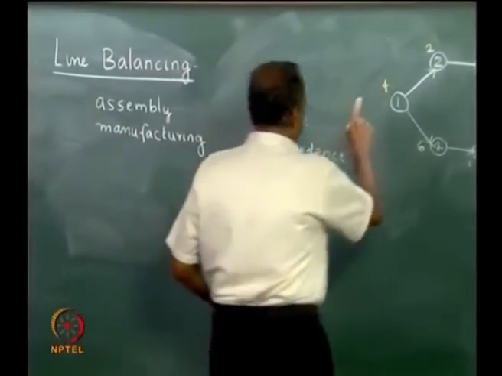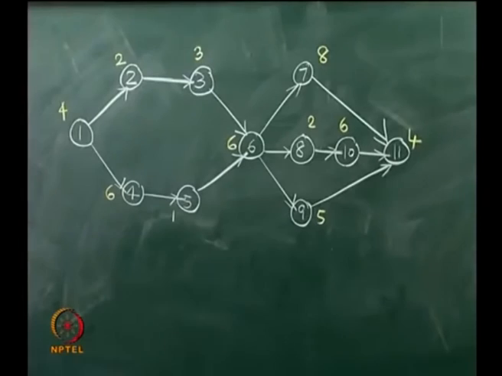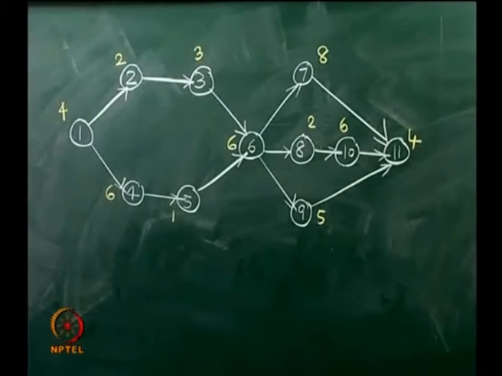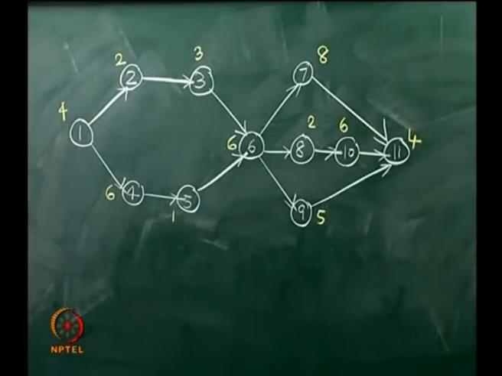The numbers shown in yellow are the time taken to do each of these tasks, and they are shown as node labels, labels associated with the node.